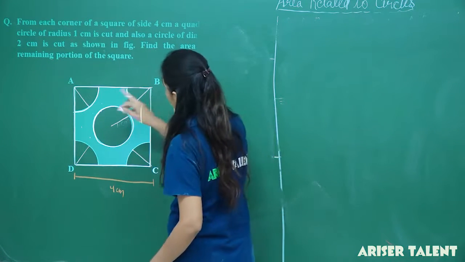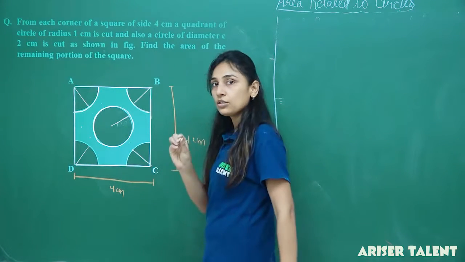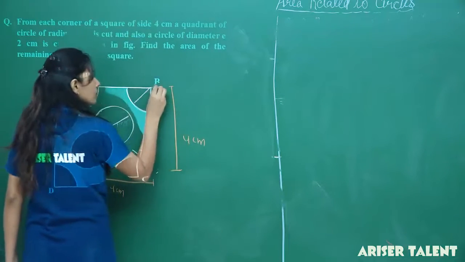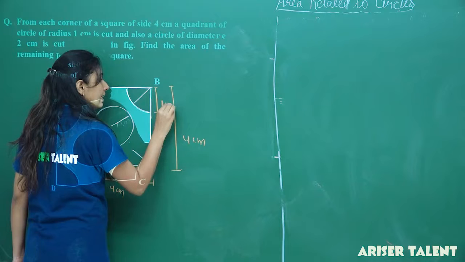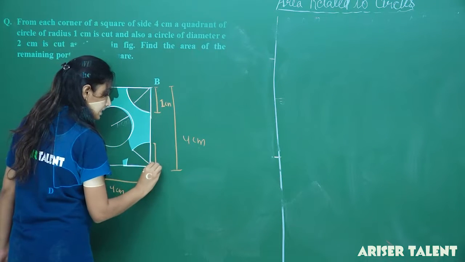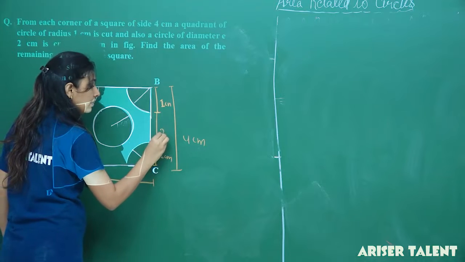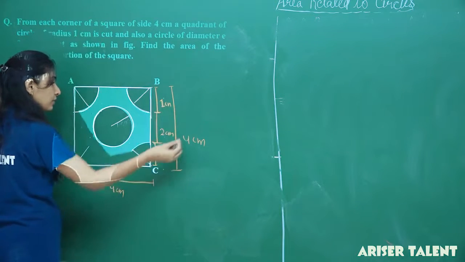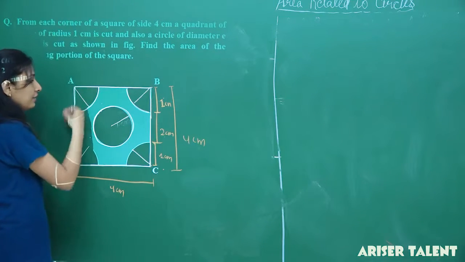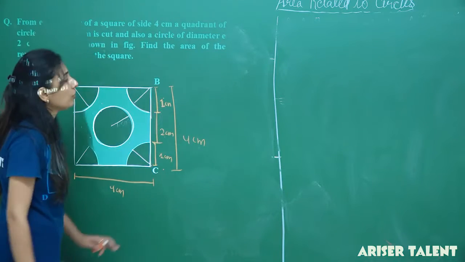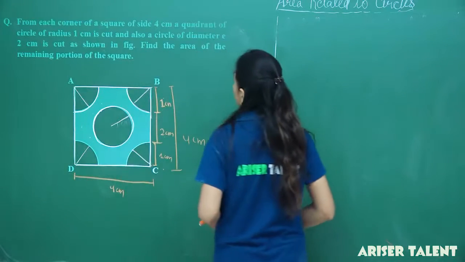So, these all have a radius of 1 centimeter. So, this is 1 centimeter, 1 centimeter. Again this will be 2 centimeter, because 2 plus 1 equals 4. Same for this side, same for this side.